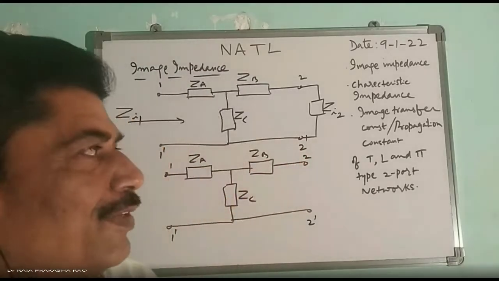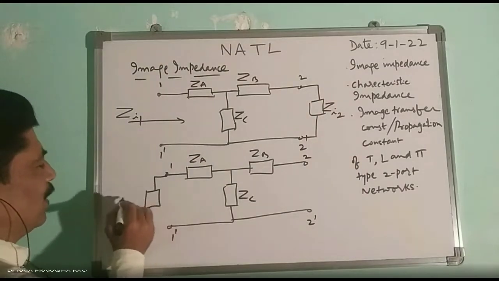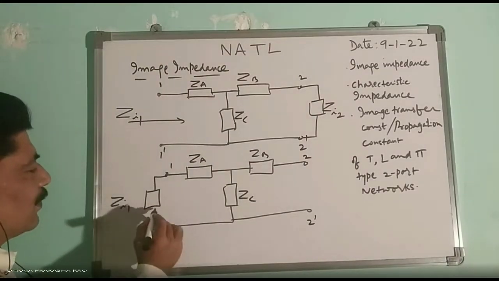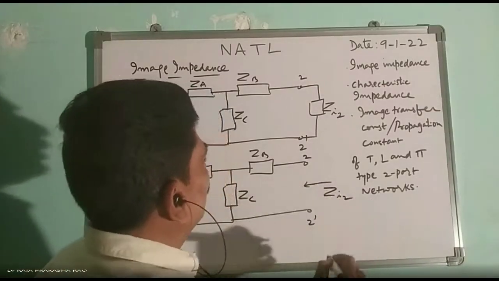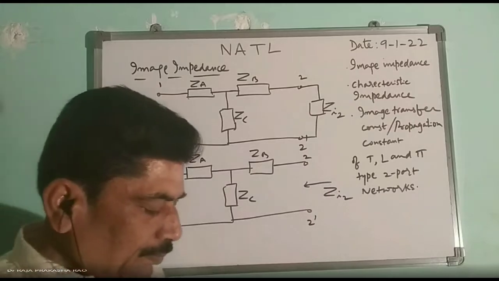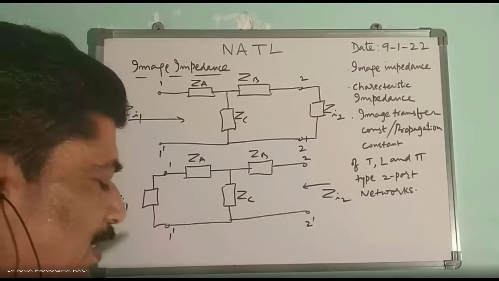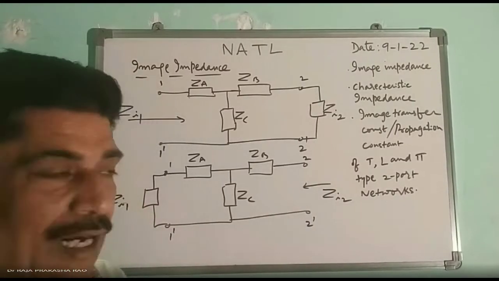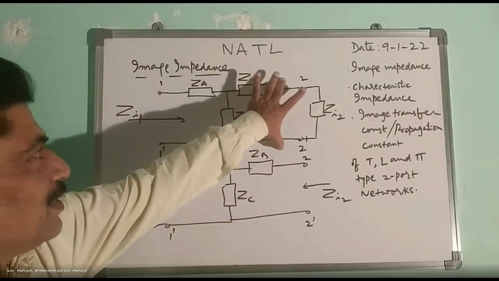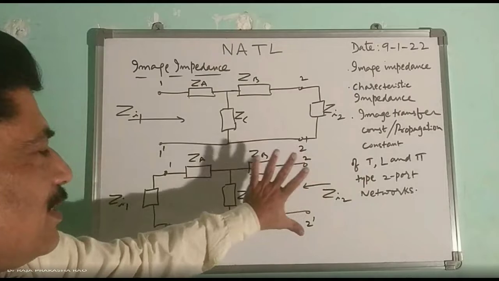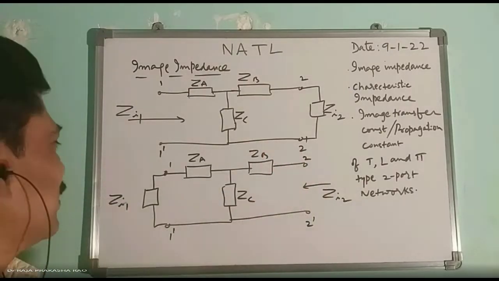First port, you have to connect the load, that is ZI1, and looking from the second port you find ZI2. Let us find ZI1 and ZI2, which are the image impedances of this two port network. ZI1 is the image impedance of this T type two port network, and ZI2 is the image impedance of the same network.